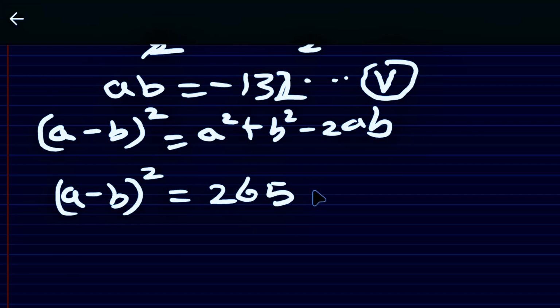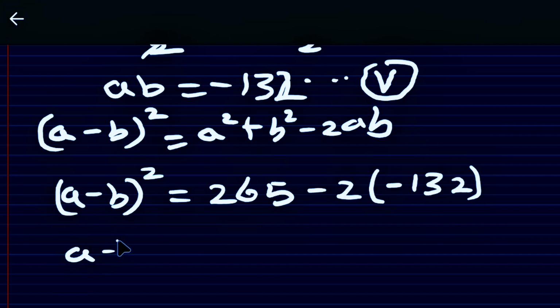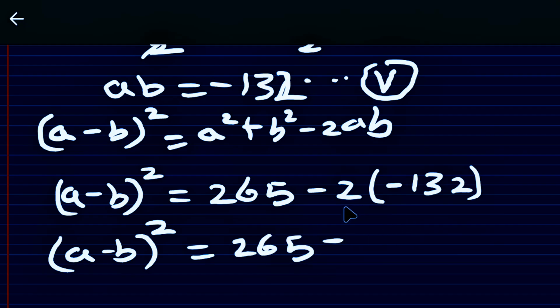So from here we have a minus b all squared, and this will be equal to a squared plus b squared, which is 265, minus 2 in brackets. Now we have ab as minus 132. So from here a minus b all squared equals 265 minus 2 times minus 132, which will give us plus, 2 times 2 is 4, 2 times 3 is 6, and 2 times 1 is 2. So we have plus 264 here.